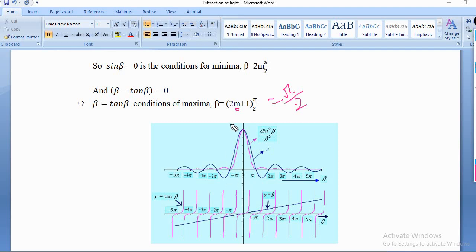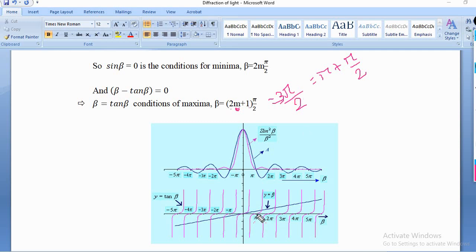Consider the next one, m is equal to 1. If m is equal to 1, this will be 2 into 1 plus 1, so this will become 3 pi by 2. Why do you have 3 pi by 2? This is pi, this is 2 pi. So, obviously pi plus pi by 2 gives you 3 pi by 2.